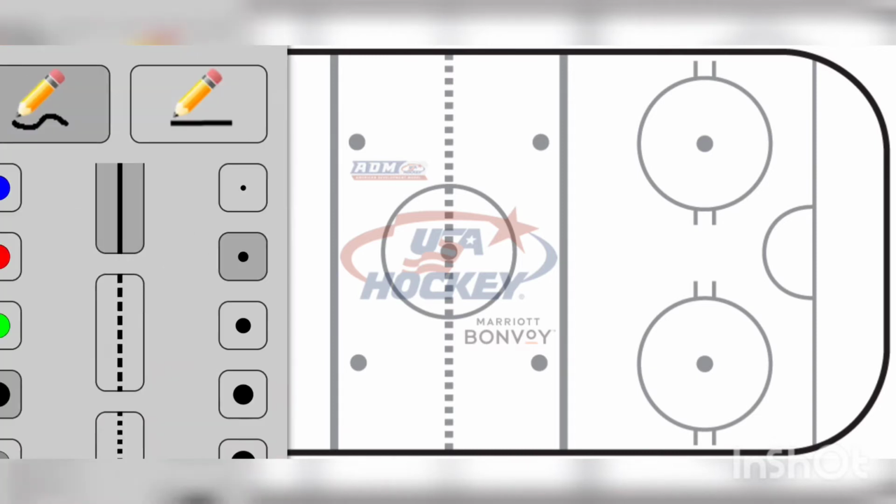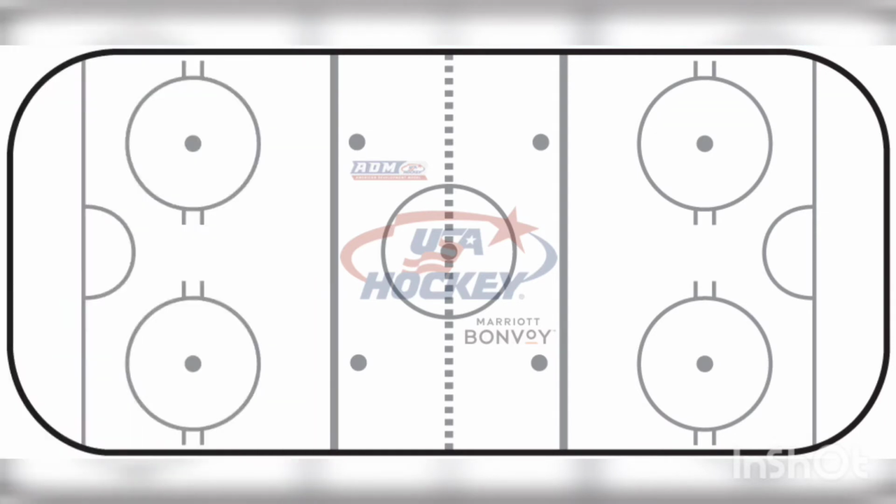So what I'm going to show first is being able to read pressure. Here's the opponent's F3, we'll call it OF3, and we'll put our opponent's defenseman right there.